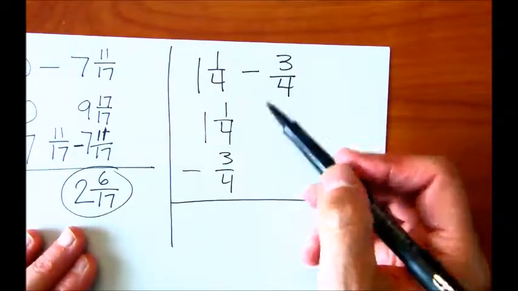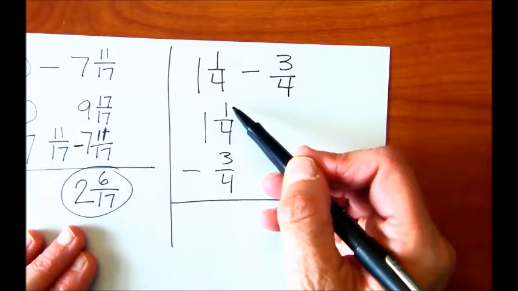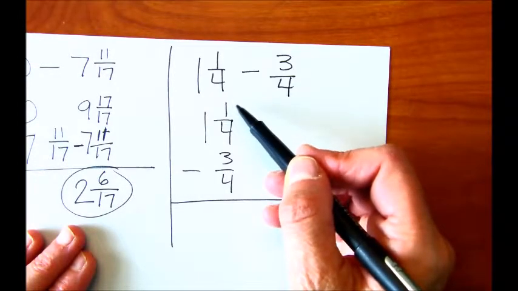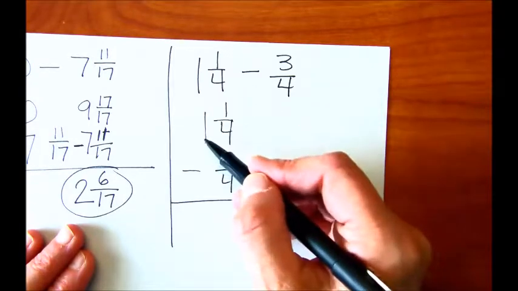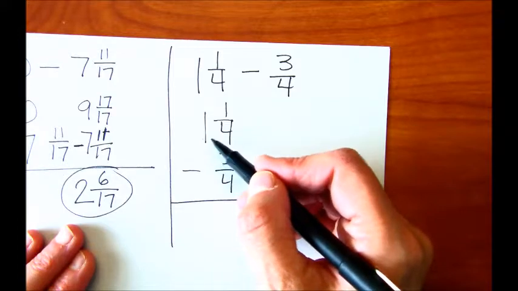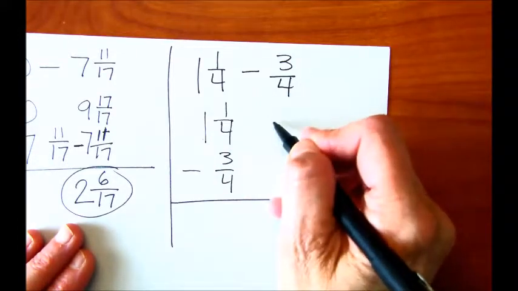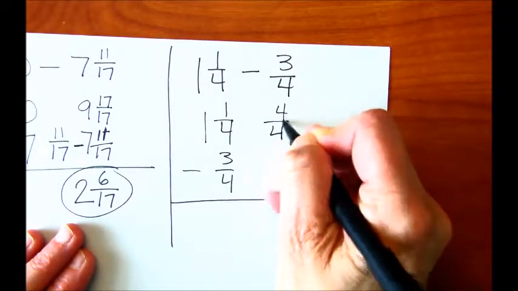Now notice, I cannot take 3 from 1. If I do, I'm going to get a negative number, and I really don't want to deal with negative numbers right now. So if I take away a 1, that will leave me a 0. How can I write that 1? I could write it as 4/4.